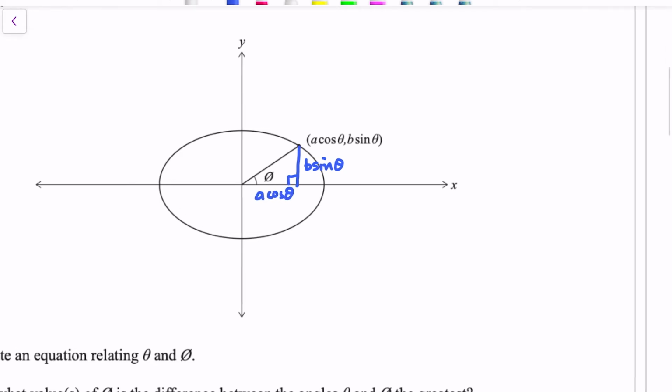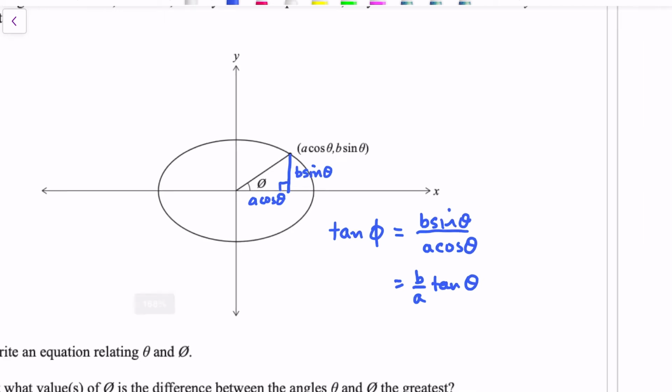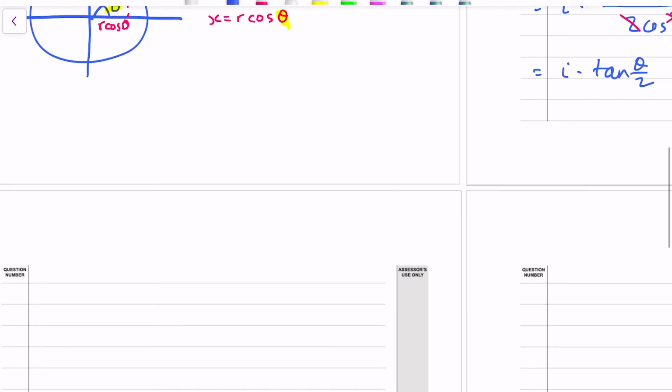And therefore we have tan of phi, opposite over adjacent, b sine theta over a cos theta, which is b over a tan theta. So that's our equation that connects the two things together. Tan of phi is b over a tan of theta.